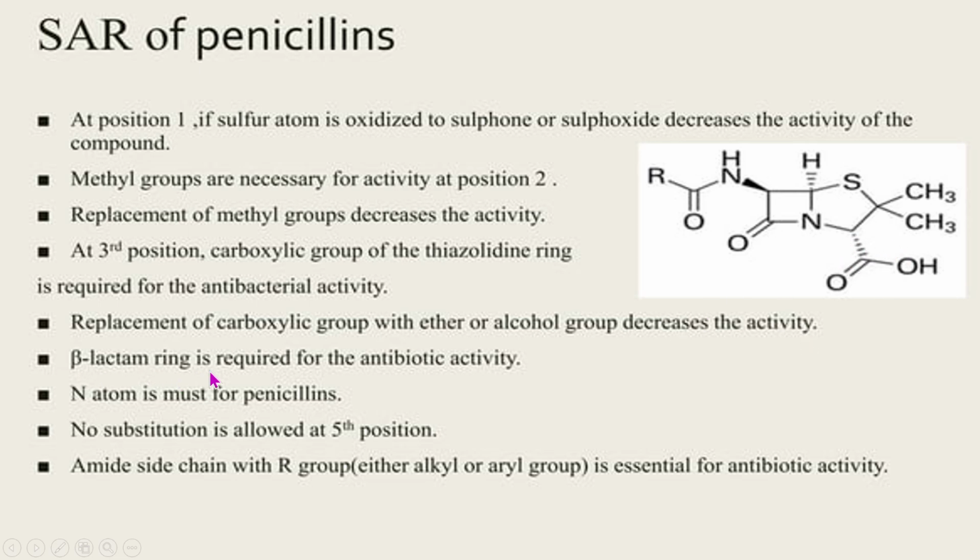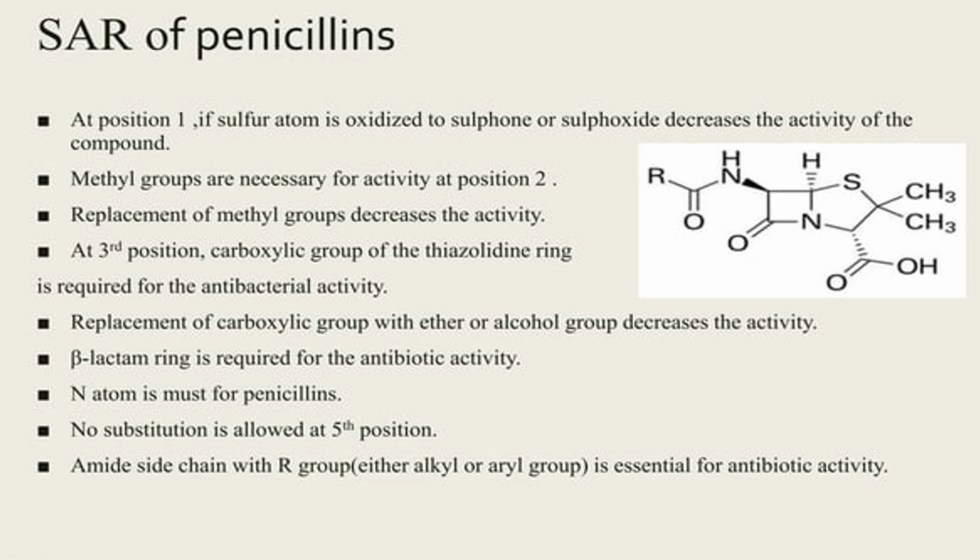Next, the beta-lactam ring is required for the antibiotic activity. The presence of the beta-lactam ring is essential for the antibiotic activity. The nitrogen atom is a must for penicillin.